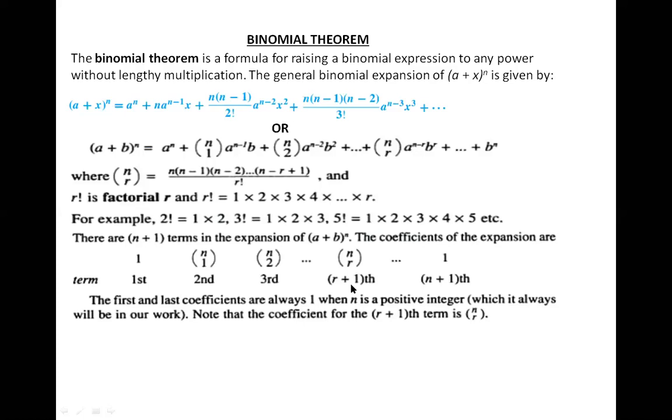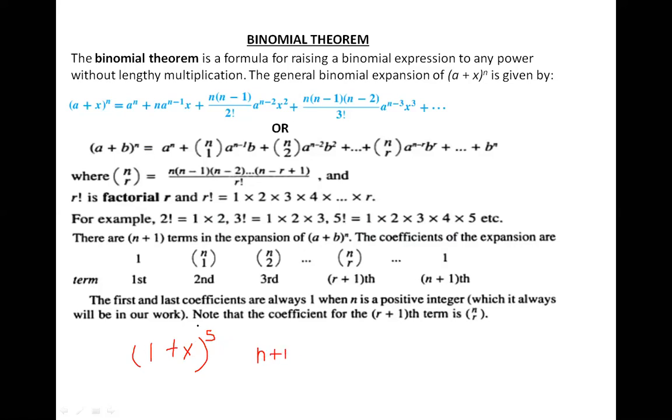In each expression that you expand in a binomial expansion, there are n plus 1 terms. So if you're expanding, for instance, 1 plus x raised to the power of, maybe, 5, what you should understand is that in this expansion, you have n plus 1 terms.